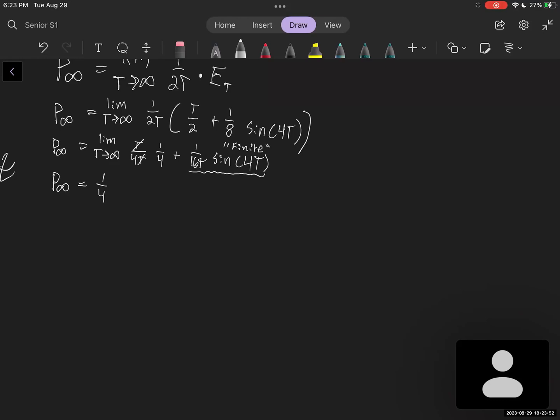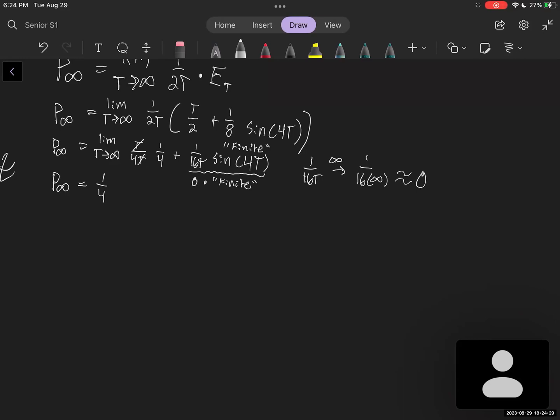And then when we plug in a t to the 1/16t, we plug in infinity, get 1/16 times infinity, which we can approximate to 0. So we're basically getting 0 times some finite number as we approach infinity.